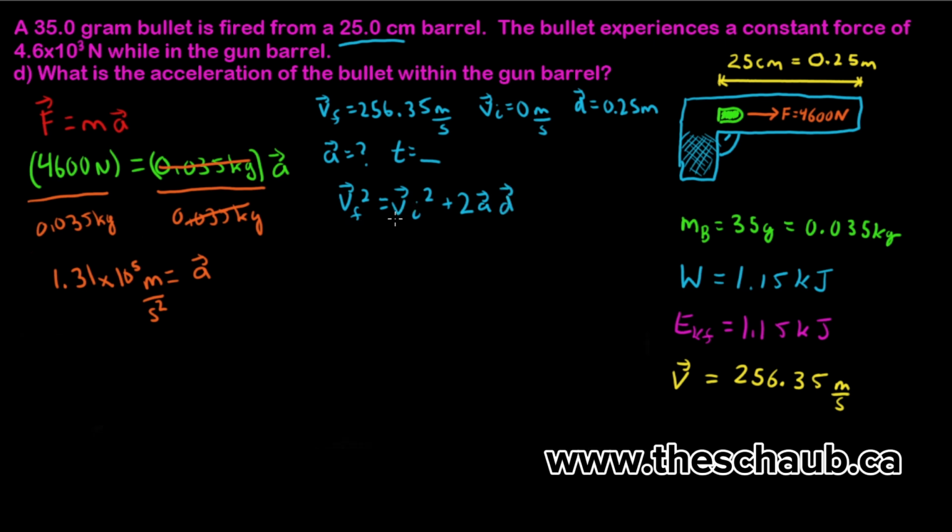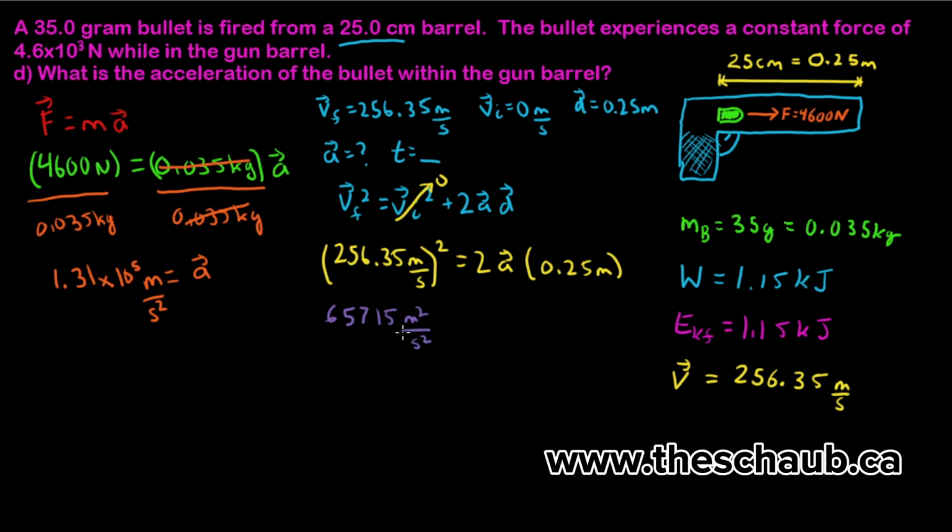Substituting our values into our equation, our Vi is equal to 0. Our Vf is equal to 256.35 meters per second. And this is squared, and this is equal to 2 multiplied by the variable we're looking for, our acceleration, multiplied by our displacement, which is 0.25 meters. 256.35 squared gives 65,715 meters squared per second squared, and we'll keep extra values all the way through this calculation to avoid rounding errors.